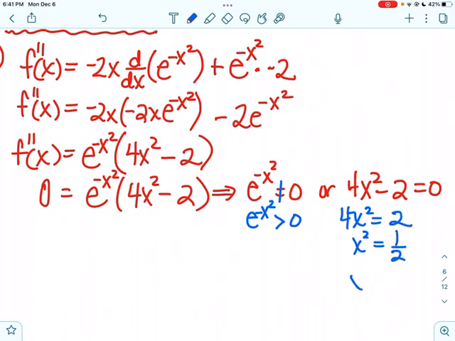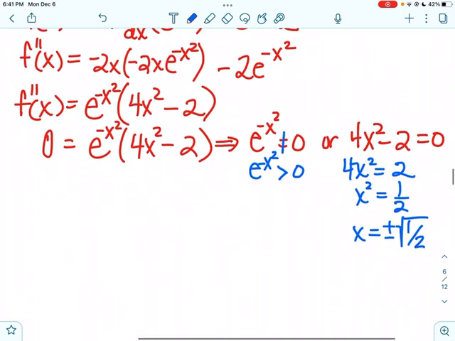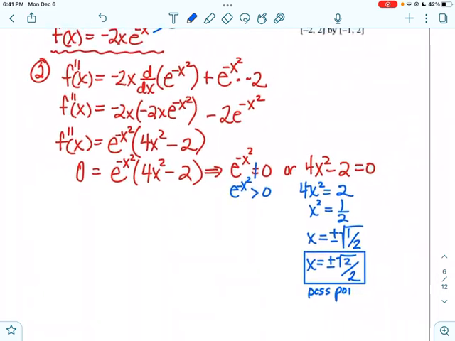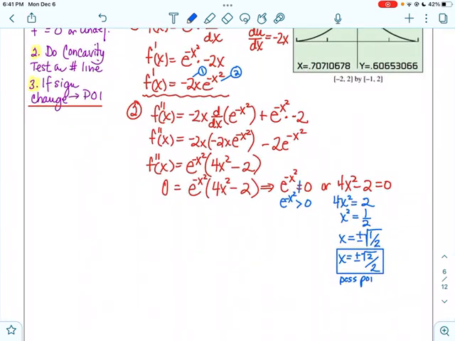And so we get x is equal to plus or minus the square root of 1/2. We very often write that as x is equal to plus or minus root 2 over 2, like that. Okay, so now what we have here are possible POIs, possible points of inflection.